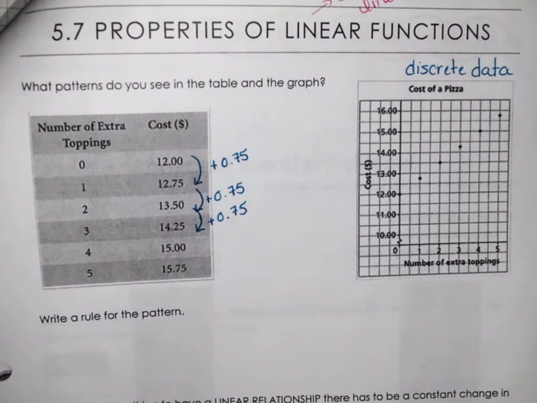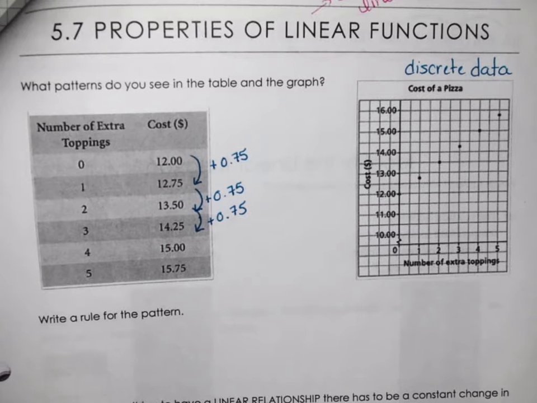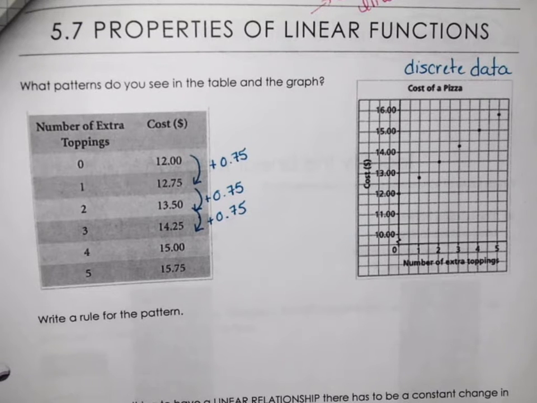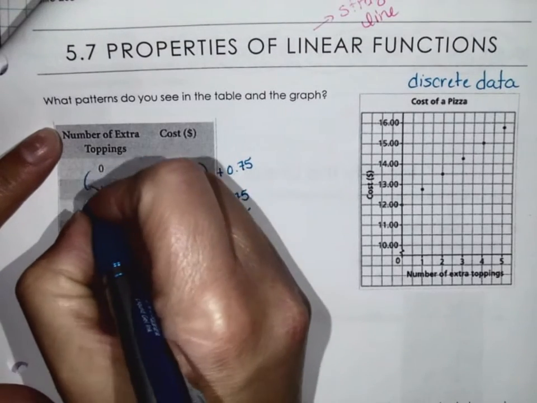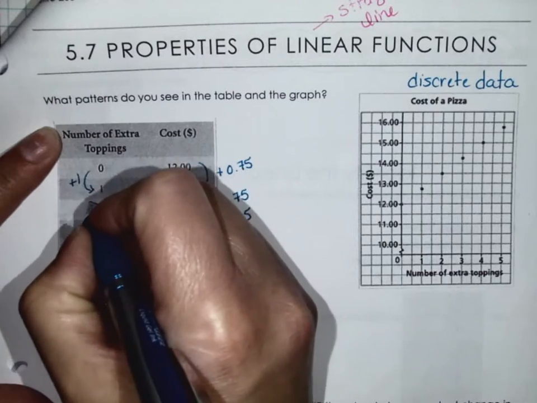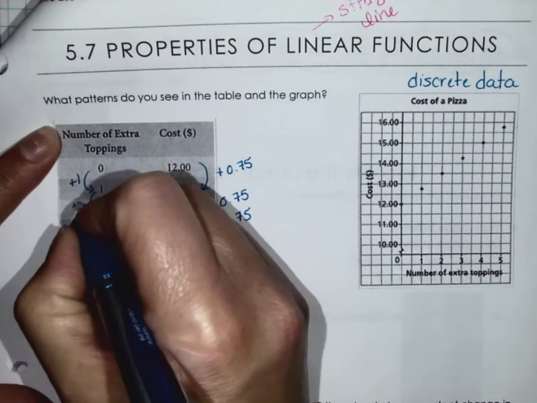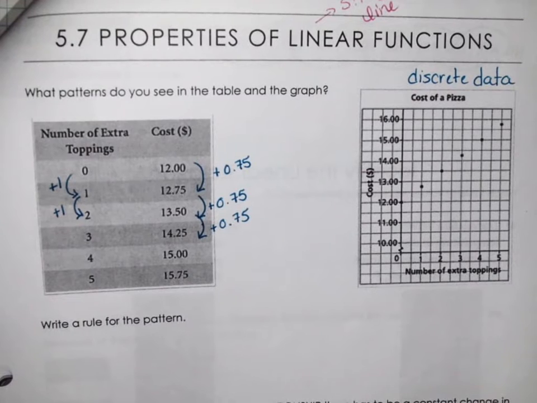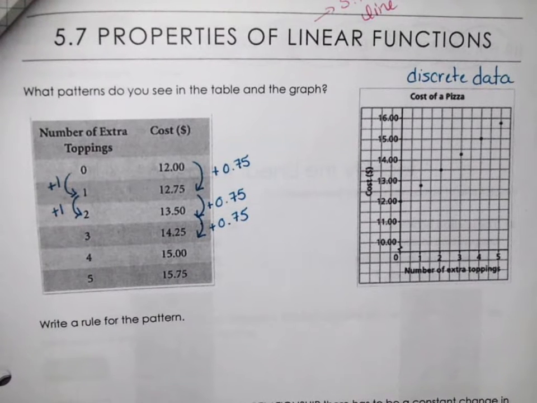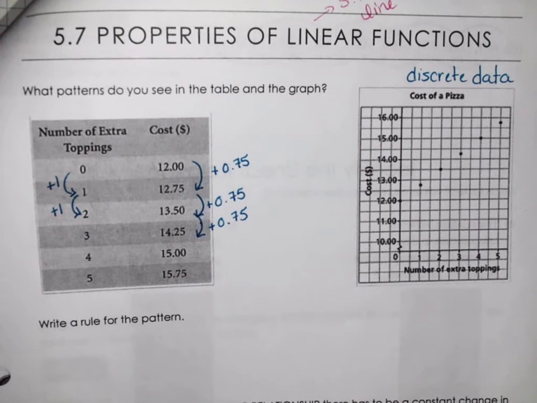So what do you guys notice? Rahat Pachanda. Anybody? Yeah. Nice. Okay, so what we notice is that these are going up by 1s. So we're adding 1 each time here. And what you deduced from that was every time we add a topping, we're going to add an additional 75 cents. Perfect. Awesome.